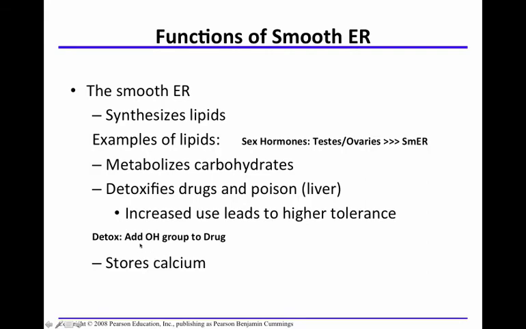What are the OH groups? You should know this functional group by now. They add hydroxyl groups to the drug, okay? And that detoxes or removes the drugs from this person's system, okay? And this takes place in smooth ER.